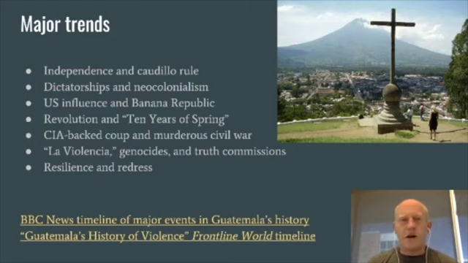And besides the fact that we're going to Antigua on our study abroad trip in May, I chose Guatemala for another reason as well: it provides a really good case study of the various trends that we've already talked about in Latin American history, and it even provides kind of the extremes of those things, the extremes of neocolonialism and having an outside foreign-owned corporation dictating economic and political policy.